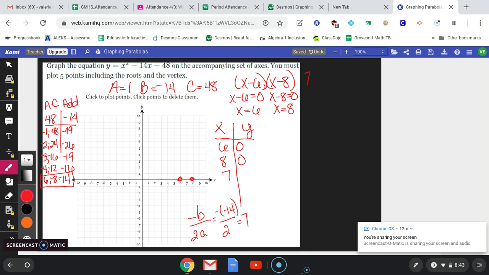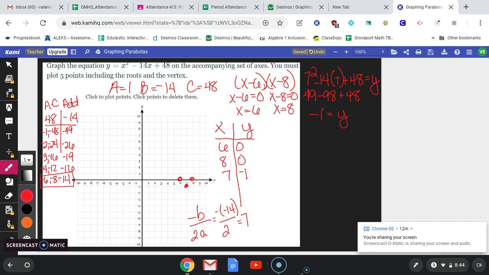So I have 7 squared minus 14 times 7 plus 48 equals y. 7 squared is 49, minus 14 times 7, I should know that, it's 98, plus 48. So I just put that in my calculator. 49 minus 98 plus 48, and negative 1 equals y.